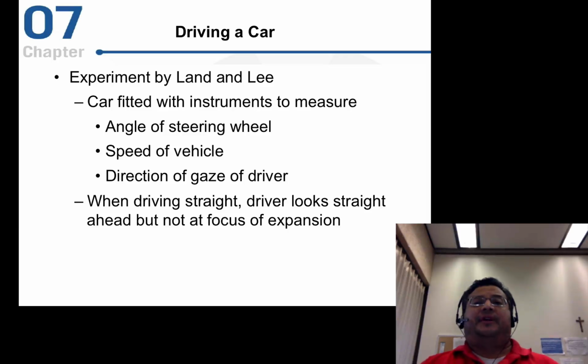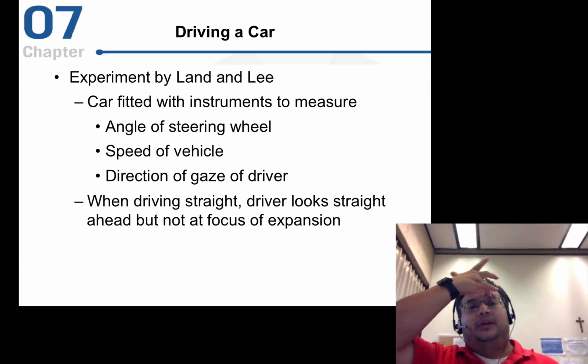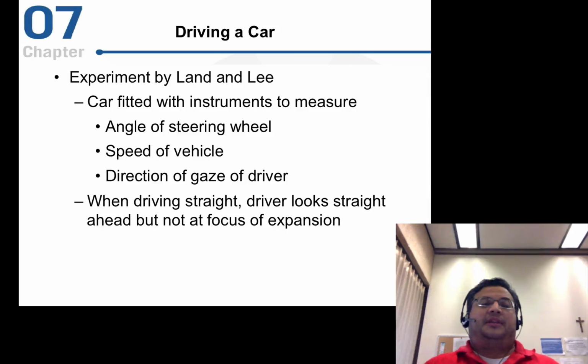So car driving is a great example of studying and looking at optic flow, right? So there's a classic set of experiments by Land and Lee where they fitted a car with different instruments to measure how a person was using the car and what they were monitoring in order to navigate the car.